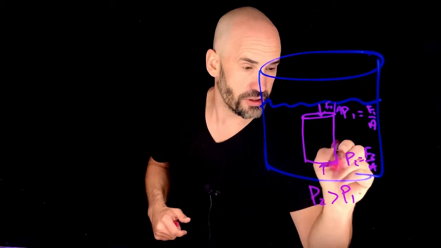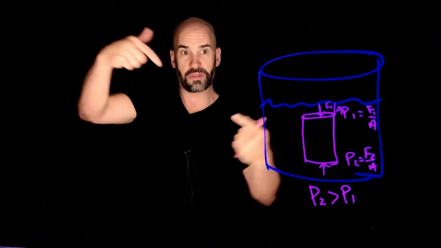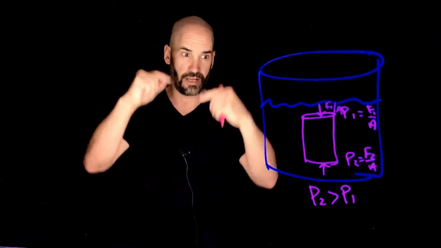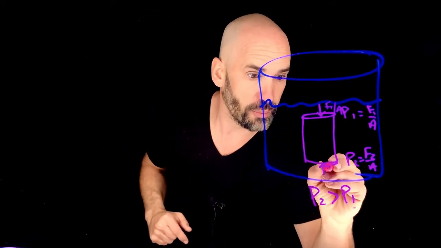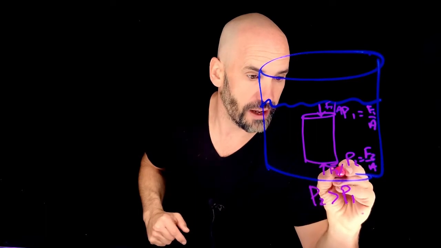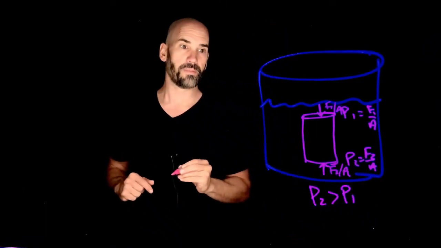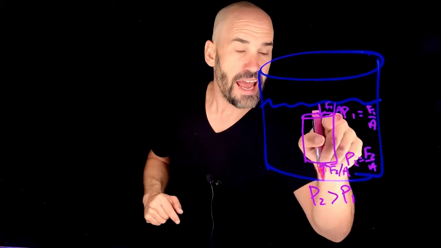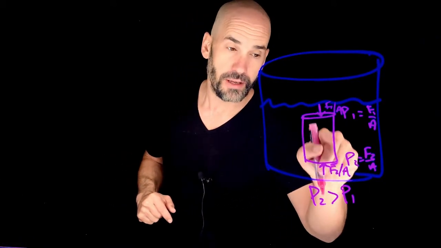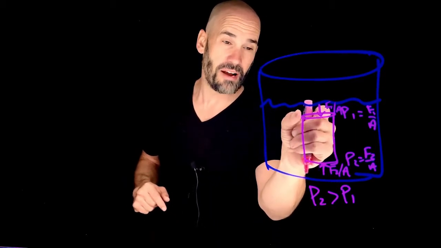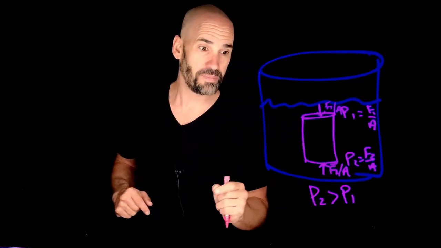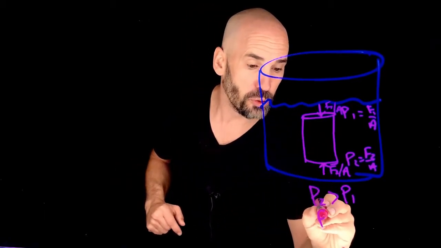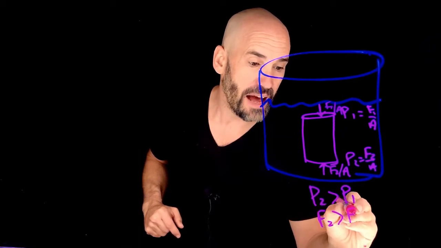And because the pressure here is higher, and pressure always points perpendicular inwards to objects at all times, there's going to be a force in the upward direction that's going to be F2 divided by A over there, right? But the A's are the same. I mean, the area of the top is the same as the area of the bottom, right? That means that F2 is going to be bigger than F1.